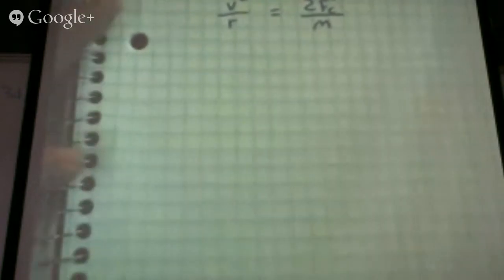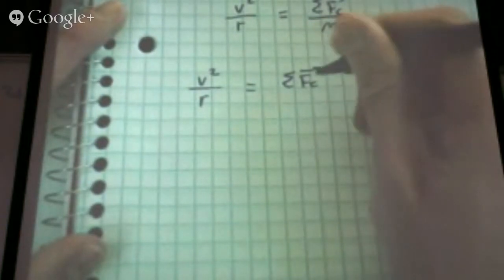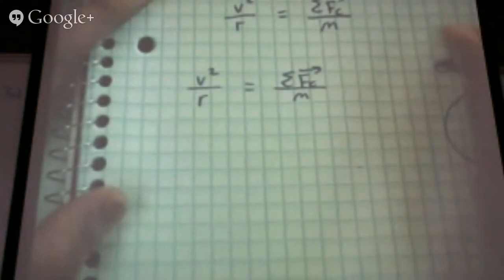So if we have circular motion, we can write v squared over r equals net force in the centripetal direction divided by mass. Let's say here we're talking about a little tiny mass going around a really big mass, like a spaceship going around the Earth. I've used a capital M and a lowercase m to denote those.